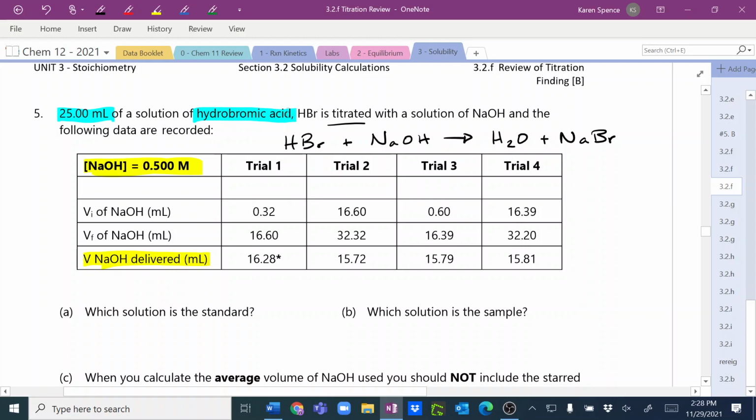So who is the standard? The NaOH, because that is our known, yes? Which solution is the sample? Well, whichever one is the unknown is the sample, so that's going to be our HCl.